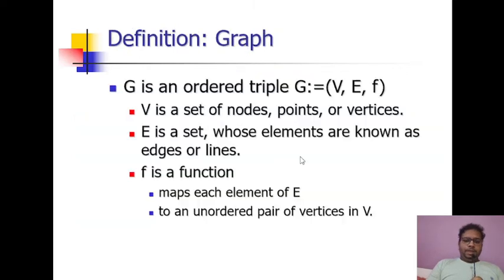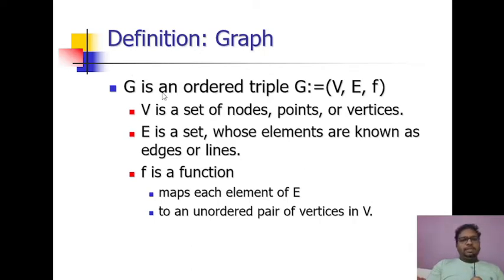Now let's move towards the actual concept of graph theory. As I have told you, a graph involves the basic entities, vertices or nodes, and the edges, and the main function. The third one is a main function on which vertices and edges are related.